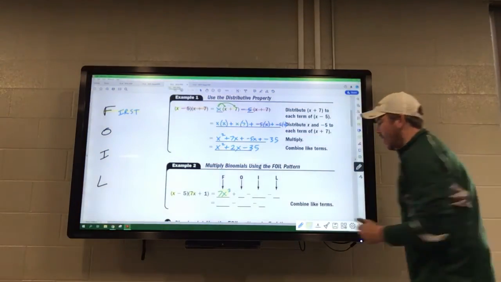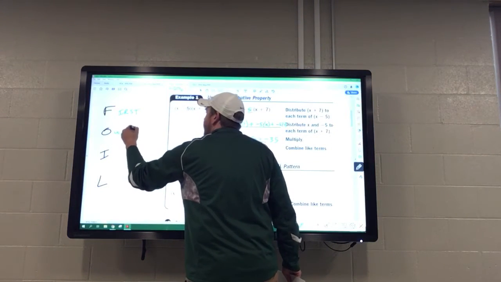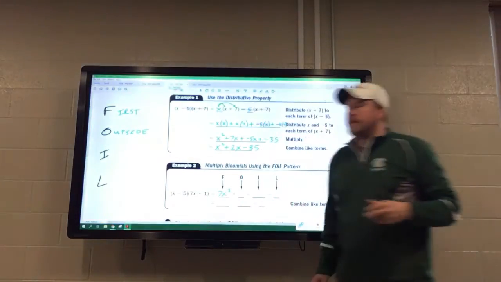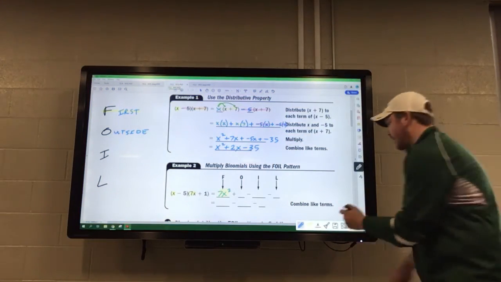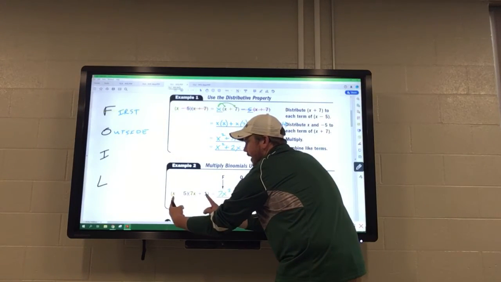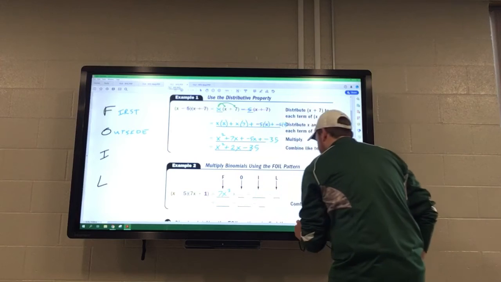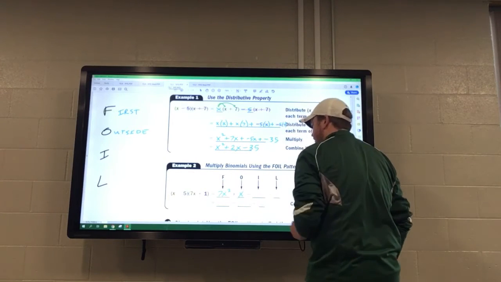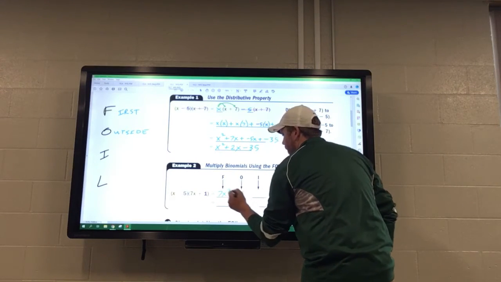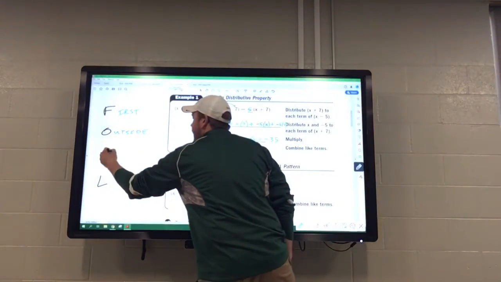Then we go to the O, outside. For the outside, we multiply the outside numbers together. So x times 1. X times 1 is just x. I stands for inside.